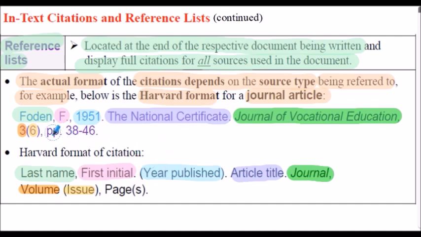The page numbers of this particular article in this issue are also stated. And you'll find within various reference lists, some sources do not have the volume, issue, and page numbers stated. Depends on the journal, the structure of its articles, and the information available. But that's a typical Harvard format for a journal article.